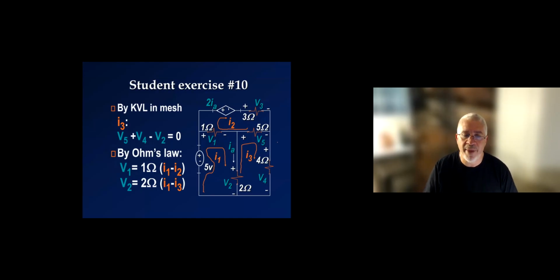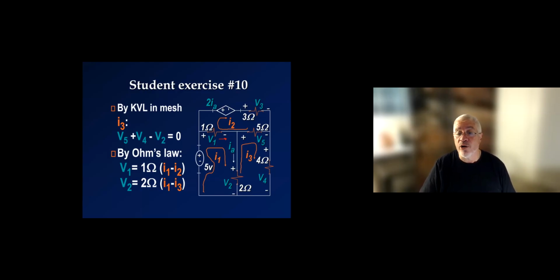Anytime we write Ohm's law, passive sign convention. And as I mentioned earlier, look at the resistors that are between the 2 meshes, because they need some special attention. In the case of V1, V1 is 1 ohm times I1 minus I2, because I need the current going this way in V1 so that it enters the positive terminal. That's V1.